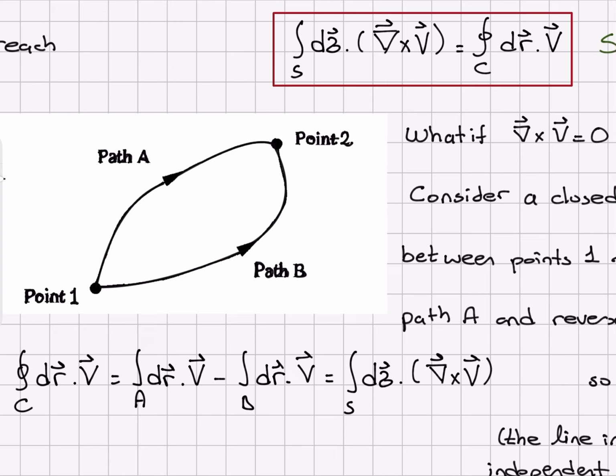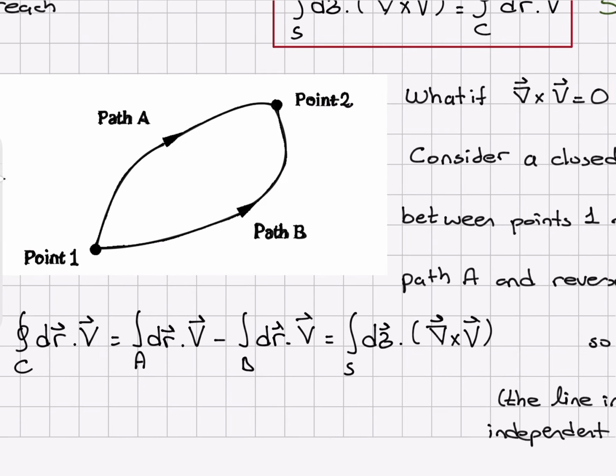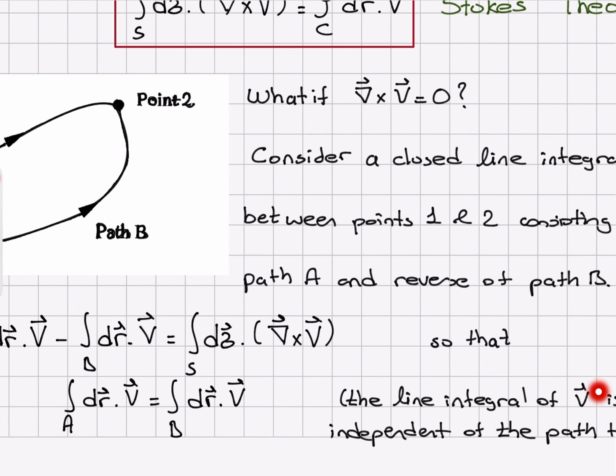Because the curl of the vector field V is 0, this implies the two path integrals, the integral over path A dr dot V and the integral over path B dr dot V, must be equal. So that means the path integral is independent of the path taken. The line integral of the vector field V is independent of the path taken.